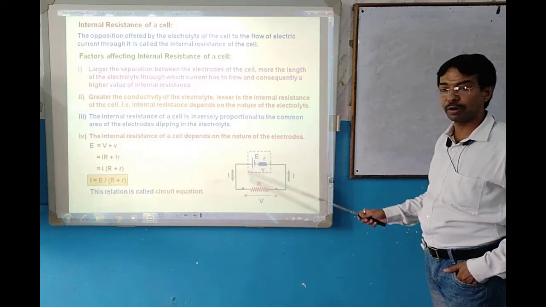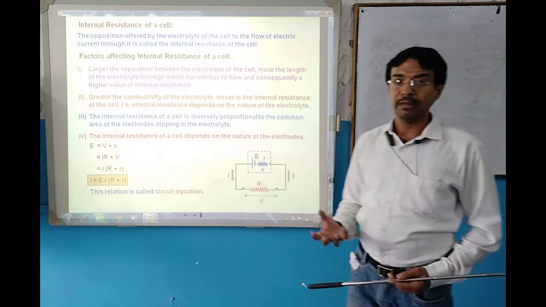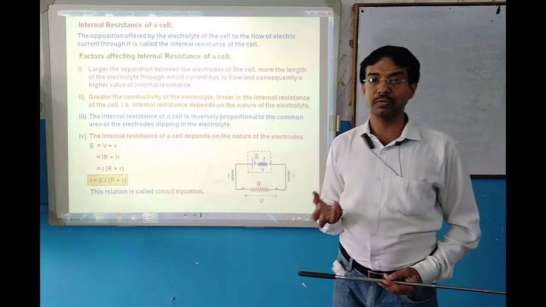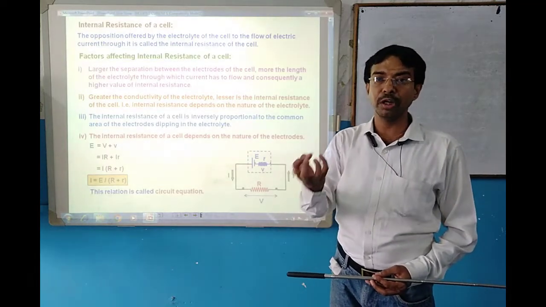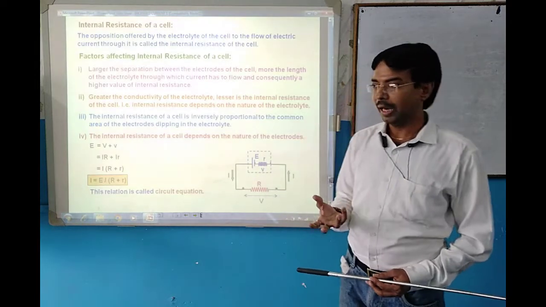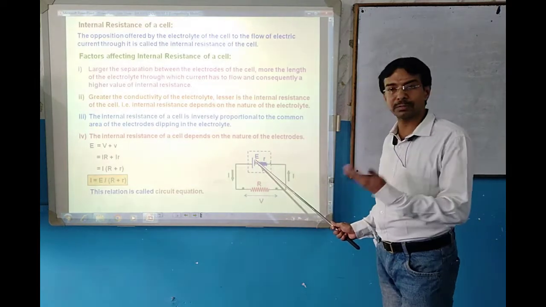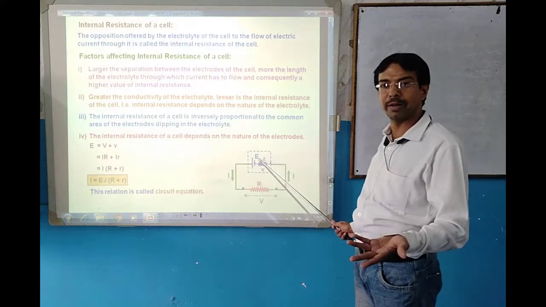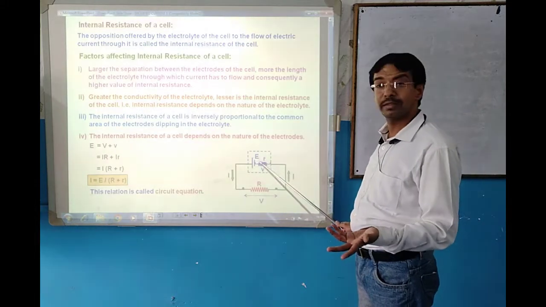It must be equal, according to conservation of energy. The EMF is the potential energy stored inside a cell or battery, the maximum amount of energy that can be provided by the cell or battery.